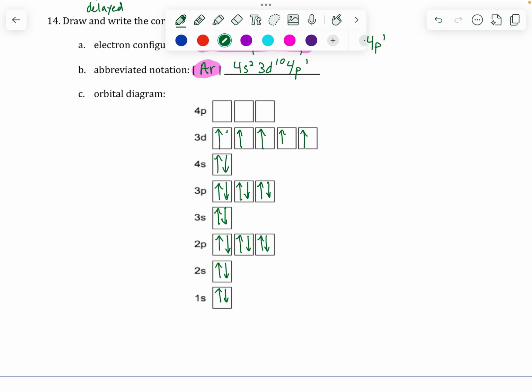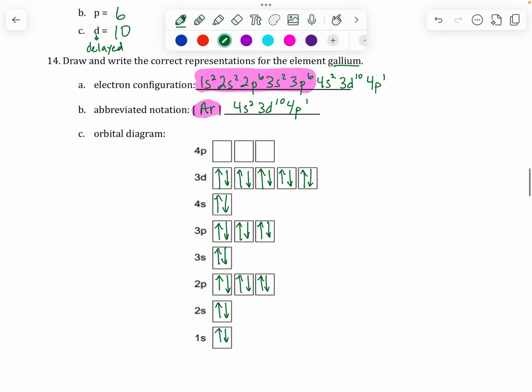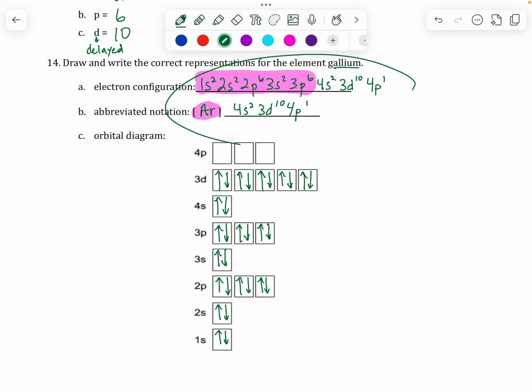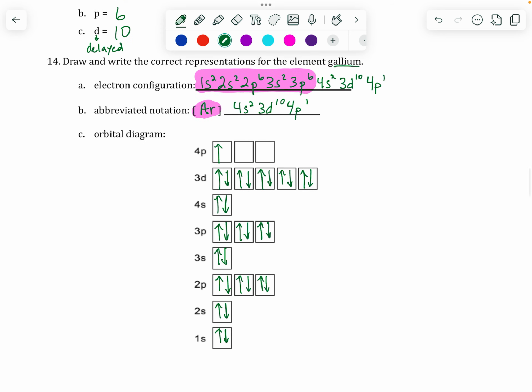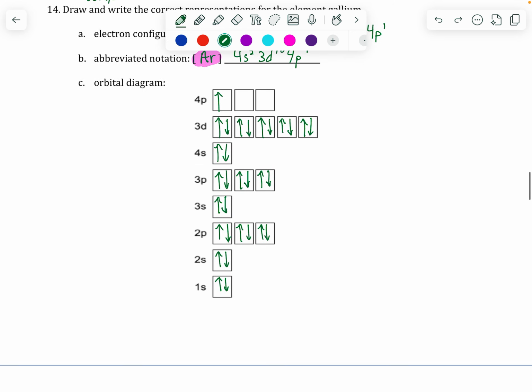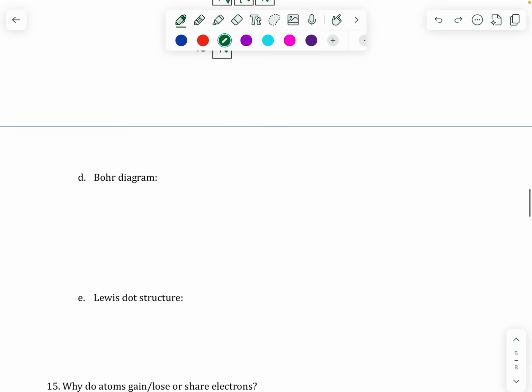The good thing is, if you are comfortable with how to draw these orbital diagrams, then those will help you come up with the electron configuration up there, because you know that gallium has 31 electrons based on its proton amount. So you can fill in those arrows up until 31, and that's where you get to the 4p1 subshell there. So that's something that you can do if you find yourself stuck.